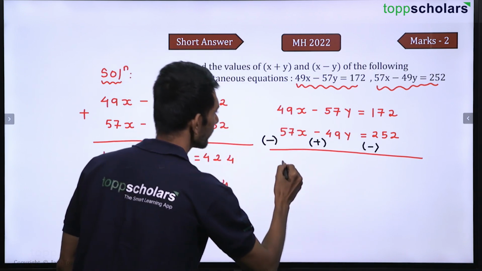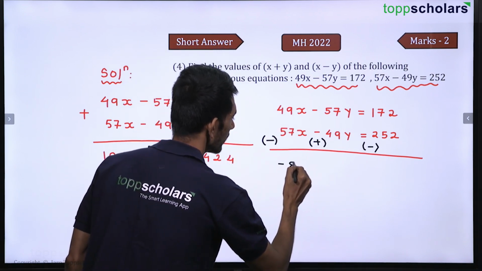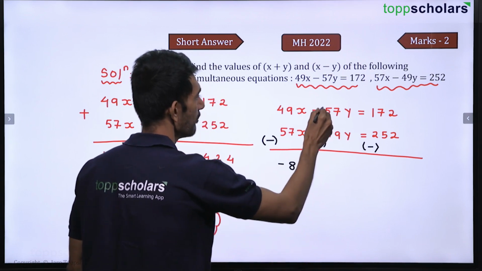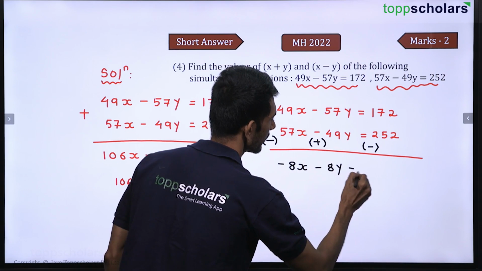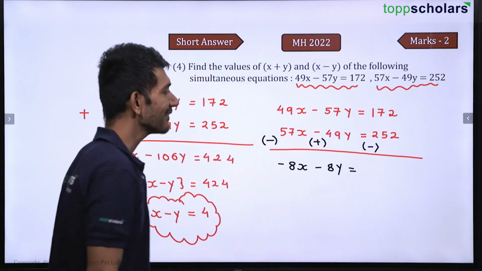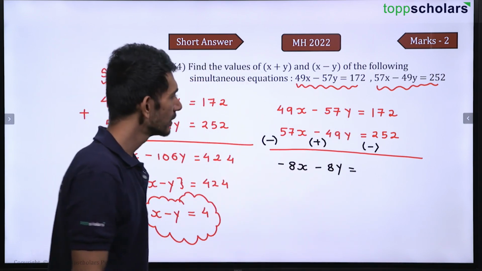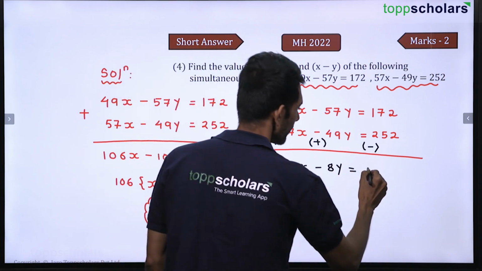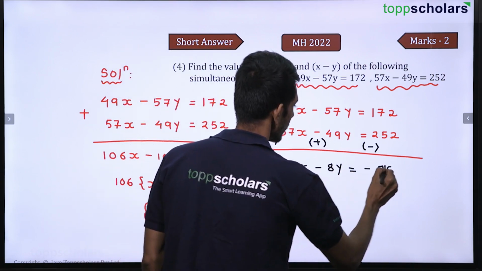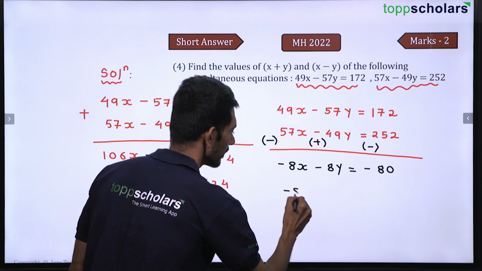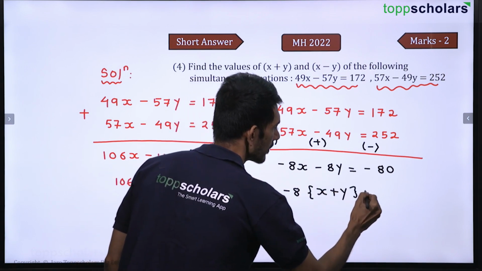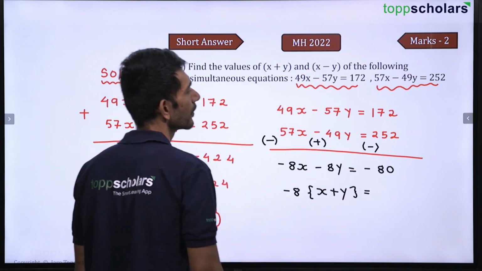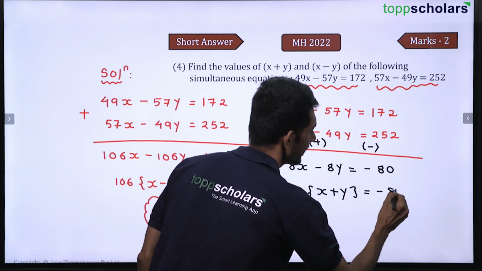So 49 minus 57 is minus 8x, minus 57 plus 49 is minus 8y is equal to 172 minus 252, right? That is how much? Minus 80. So if I take minus 8 common, I get x plus y is equal to minus 80, right?